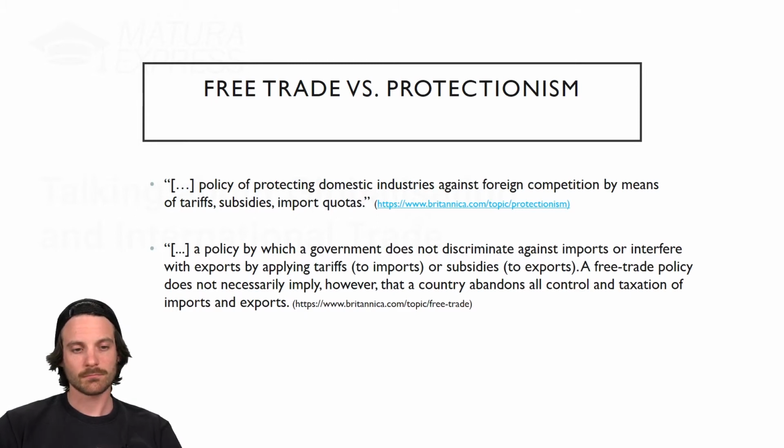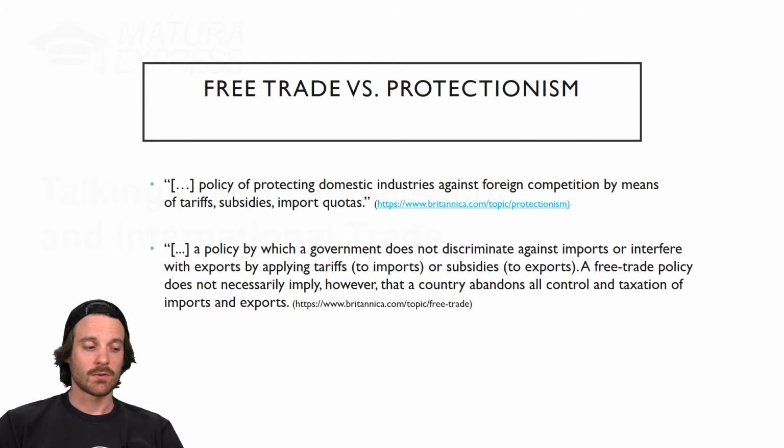And protectionism is basically what Trump now tries to do: have high tariffs for imports, but not that high tariffs on exports from the US. And protectionism can have its benefits, but also its drawbacks.